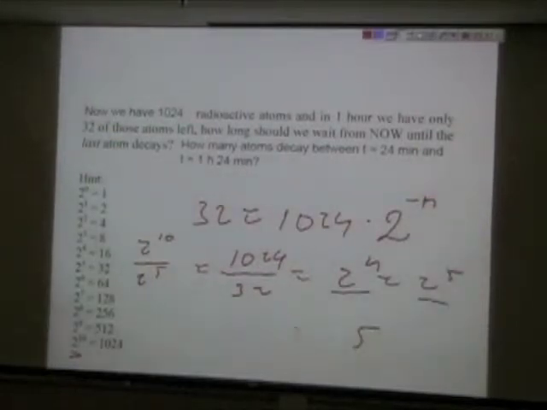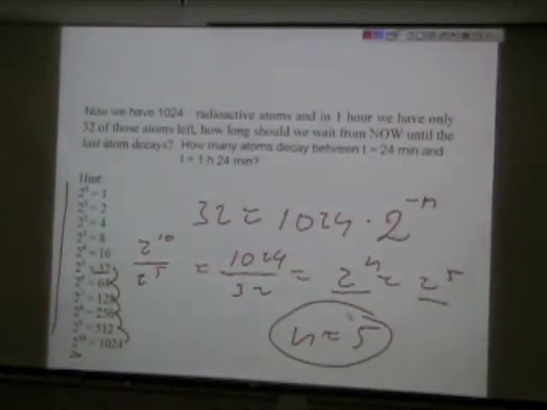So n equals 5. And of course, if you have a table like that, you could count down: 1, 2, 3, 4, 5. It takes 5 half-lives to get from 1024 to 32. Well, now, if you know that it's been 5 half-lives and it took 1 hour, what is the value for a half-life?